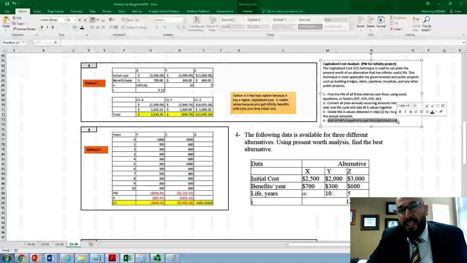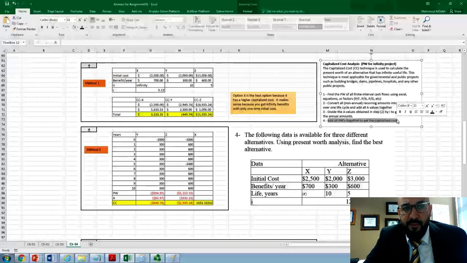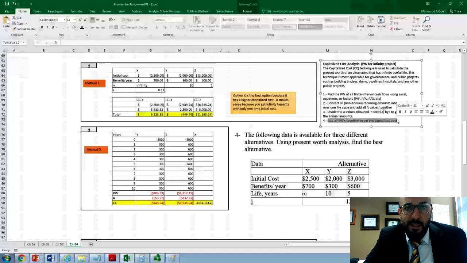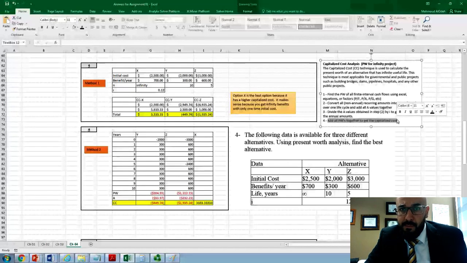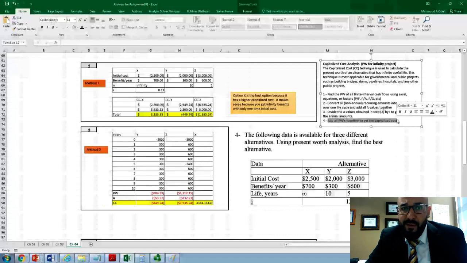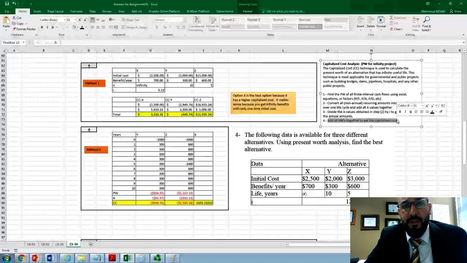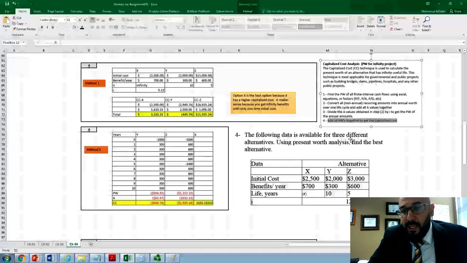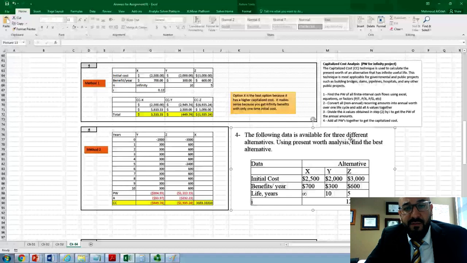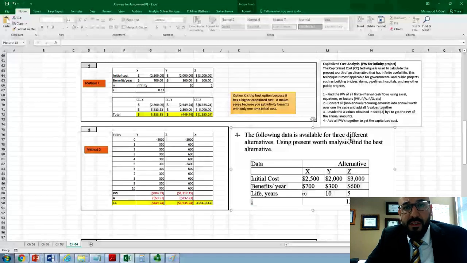All right, let's take this example, question 4 on chapter 4, to demonstrate how we could find the capitalized cost for an infinite project, and also how we compare the infinite project with other finite projects. The following data is available for 3 different alternatives. Using present worth analysis, find the best alternative.